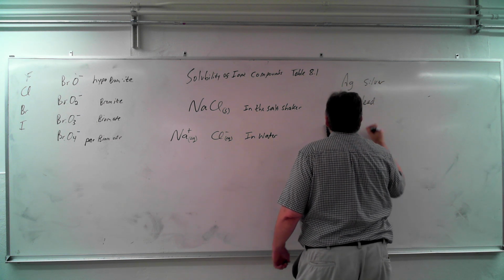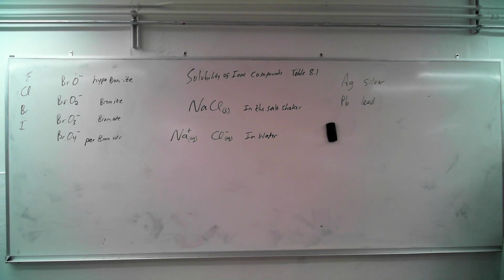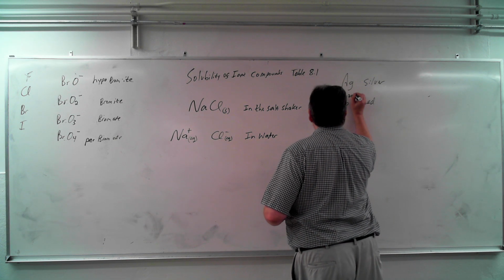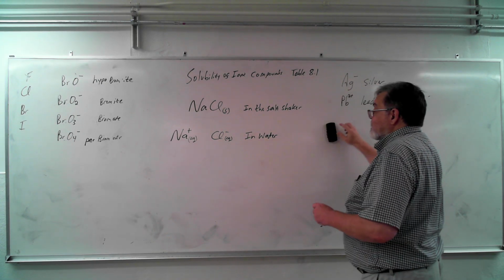Lead. Lead, when it's an ion, is 2+. That's a transition metal. So is silver. Those are the charges on these.